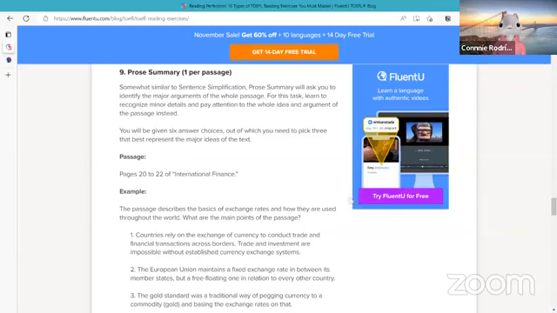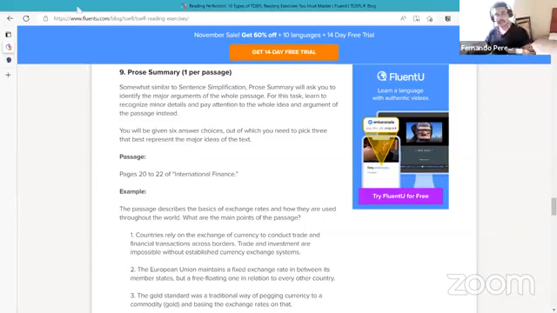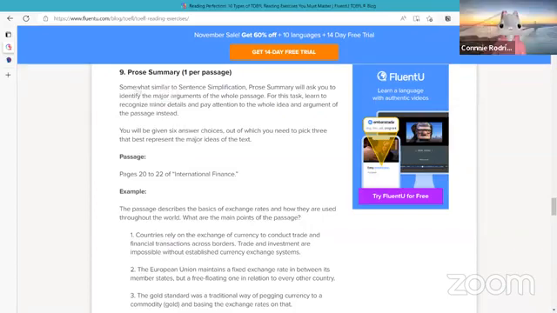Prose summary will ask you to identify the major arguments of the whole passage. For this text, learn to recognize minor details and pay attention to the whole idea. An argument. What kind of details do we recognize? Minor, exactly. Minor details. And pay attention to the whole idea and argument of the passage instead.